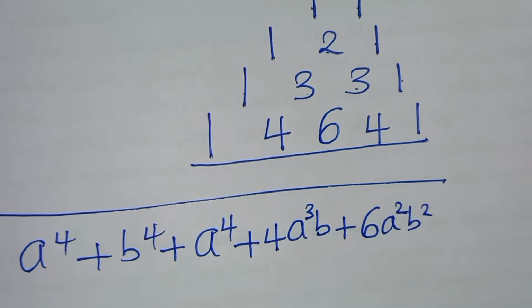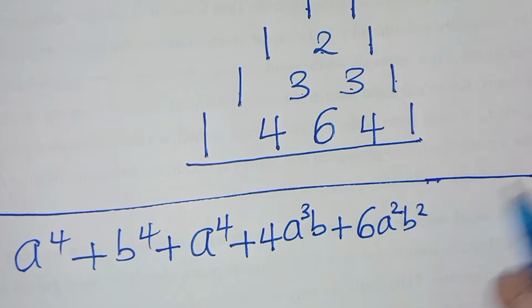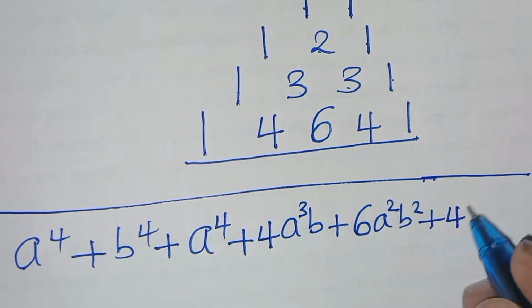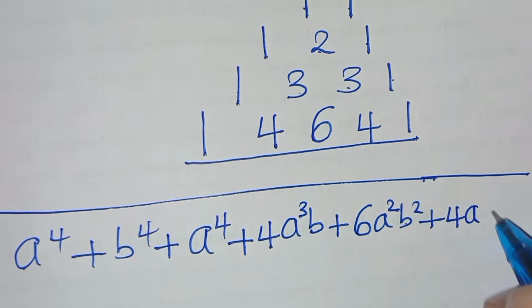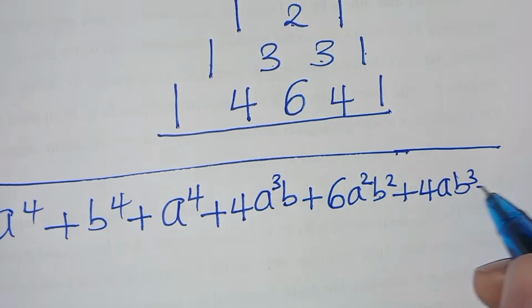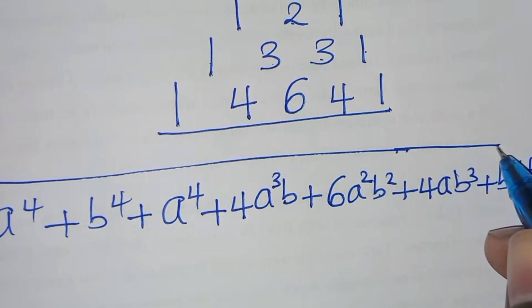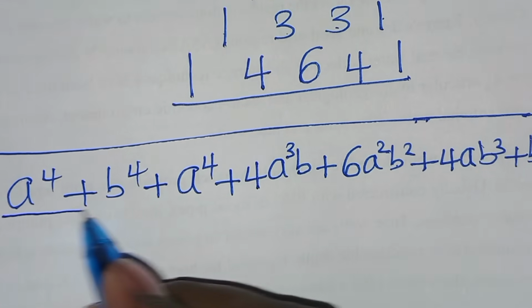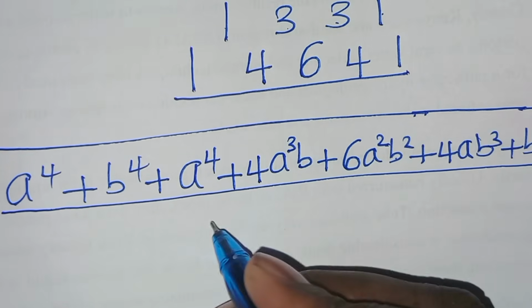You can see that B is increasing. Then plus 4A, then B to power 3. And then lastly here, we'll have B to power 4. Then all this divided by 2.